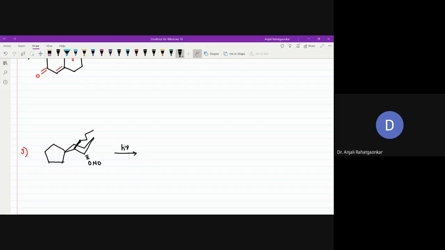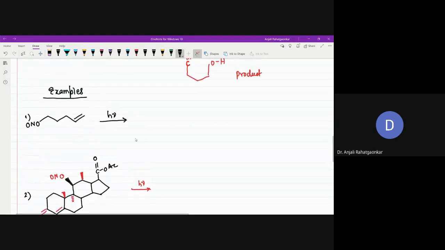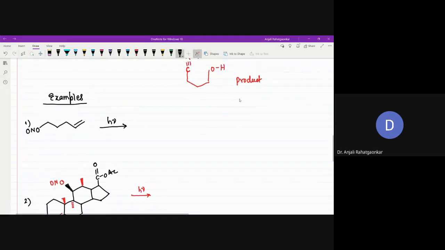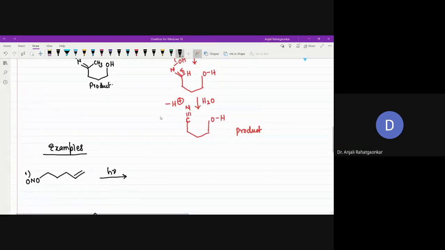All right. So these are the three substrates. As I told you, the exclusive example I always explain, simple molecule, तो हमने देखा है यहाँ पर.